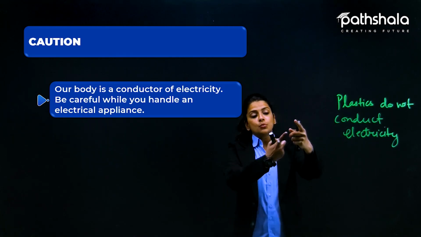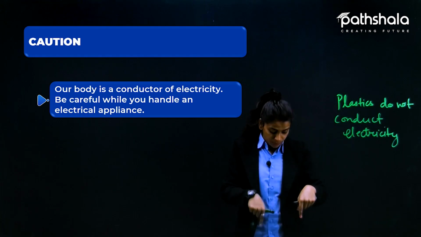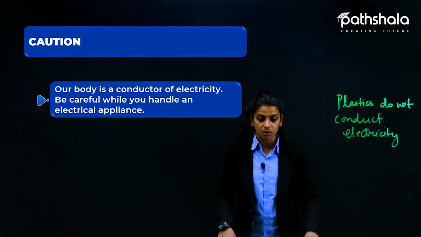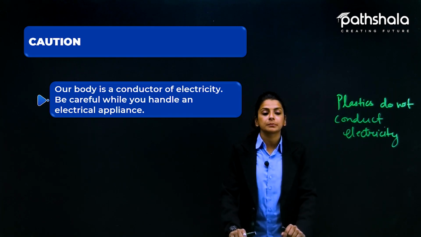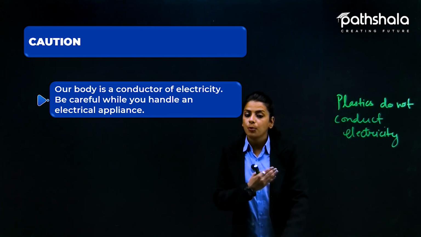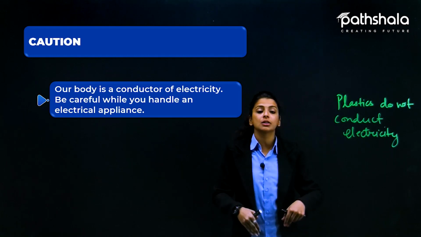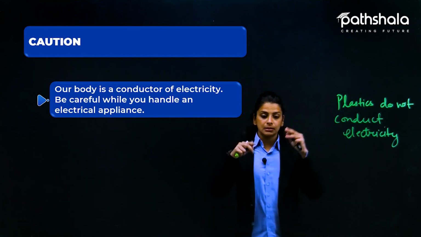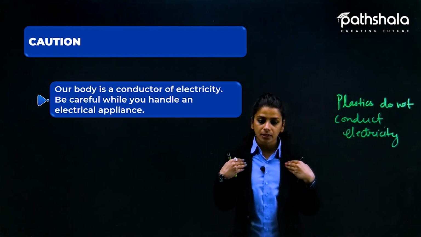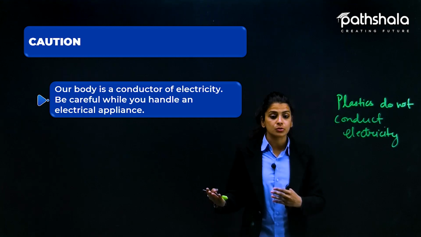The electricity will pass through my body to the earth, yeah, and that will complete a full circuit. So basically, our body is giving a path for electricity to pass and complete a full circuit. So in this whole process, we might get hurt. A person can die also.